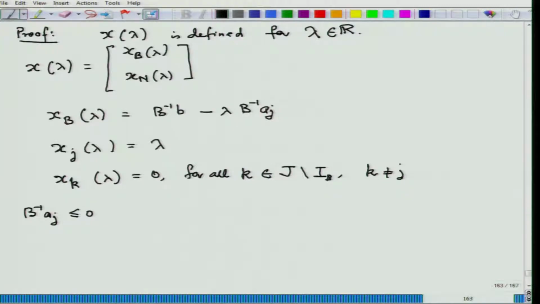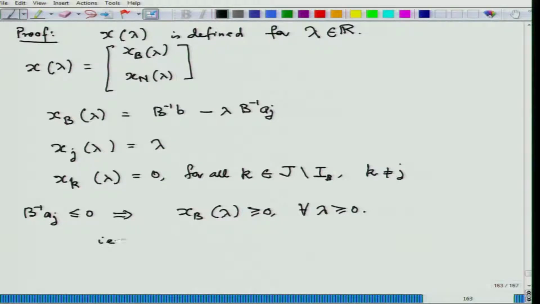So, this is greater than or equal to 0, this is less than or equal to 0 and there is a negative sign, so this makes it greater than or equal to 0, and this is greater than or equal to 0 because B is a feasible basis. So, this would imply that x_B lambda is greater than or equal to 0 for all lambda greater than or equal to 0.